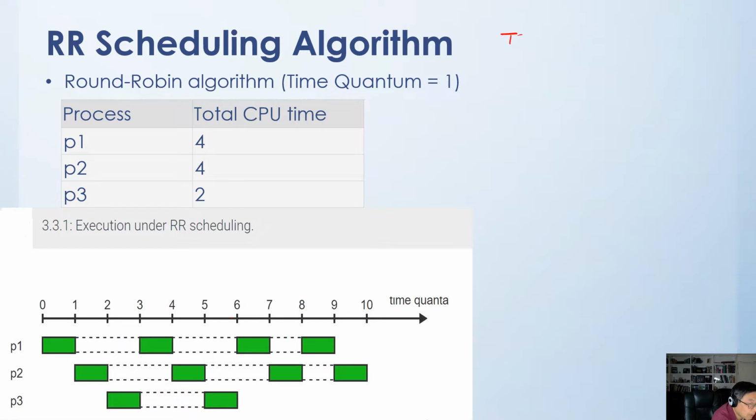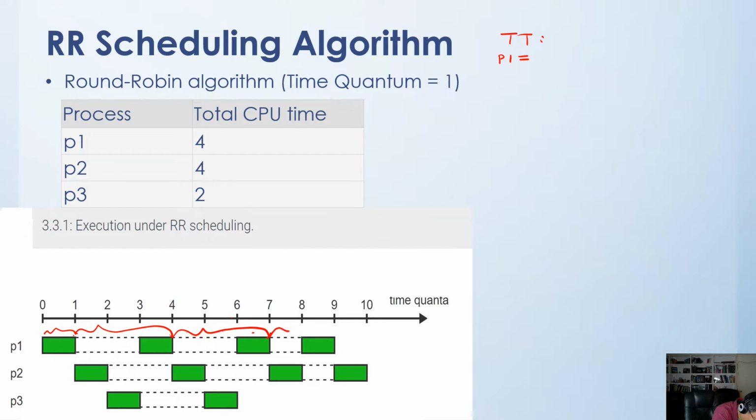The turnaround time for P1: P1 actually has 4 sections, right? The turnaround time for the first section is 0 to 1. The second section is from 1 to 4, so it's 3. The third section is 4 to 7, so that's a total of 3.